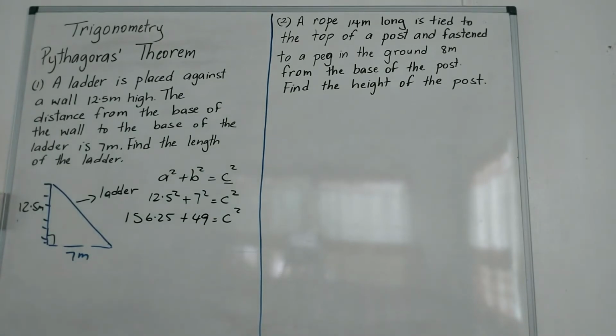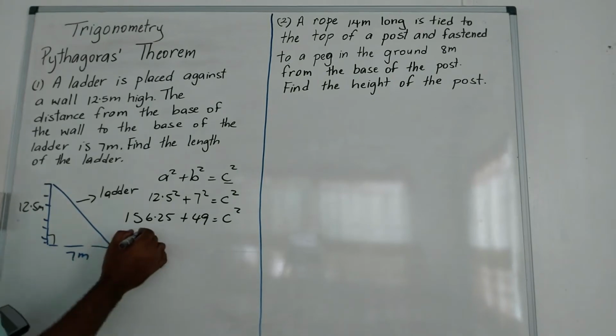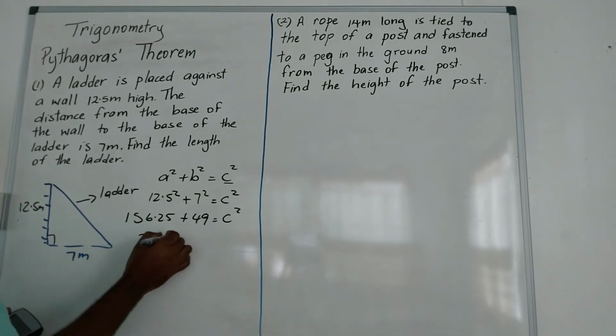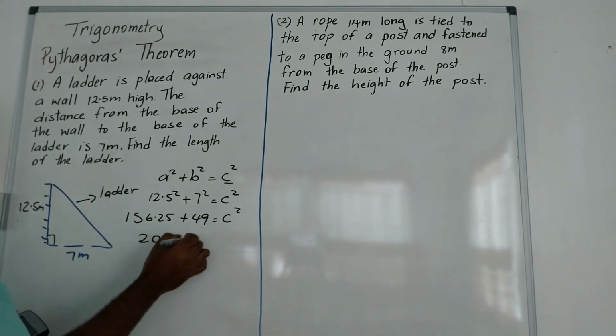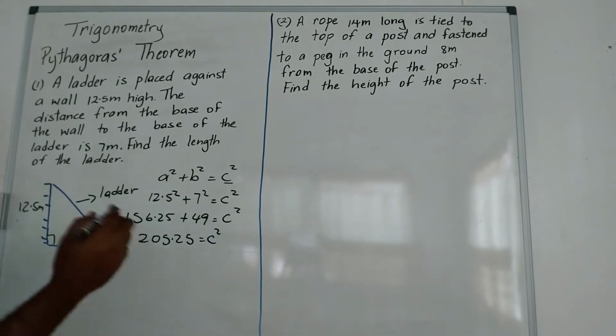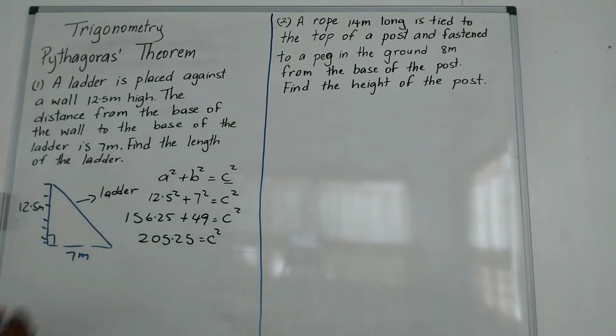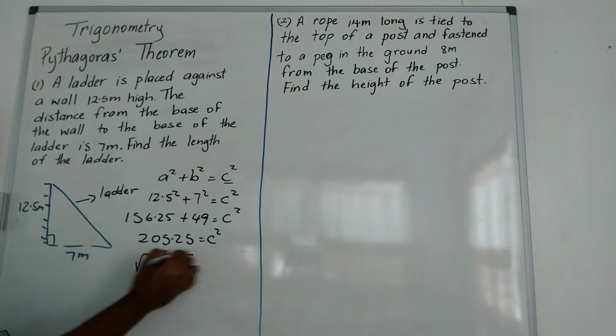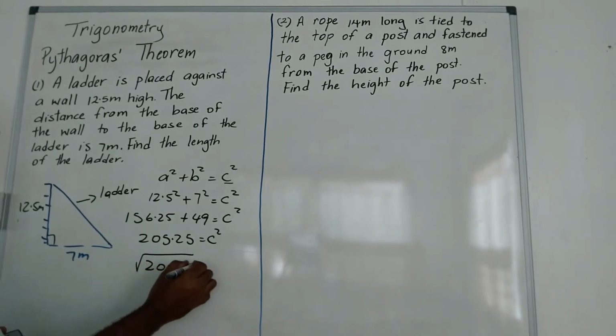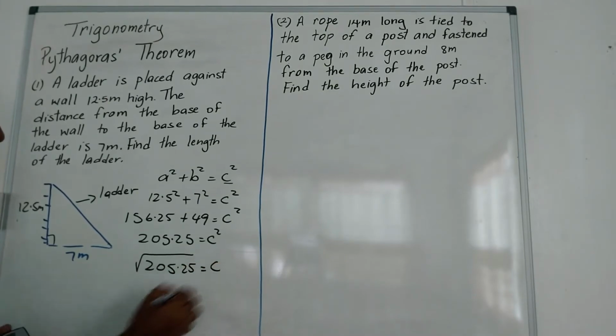So now we add, and we have 205.25 equals c squared. Now to find the length of the ladder, we square root 205.25, which is equal to c.